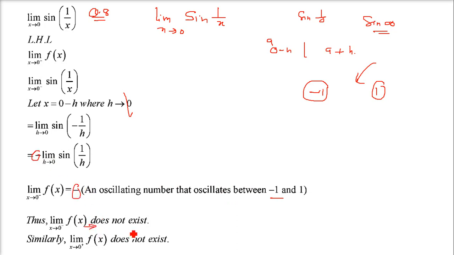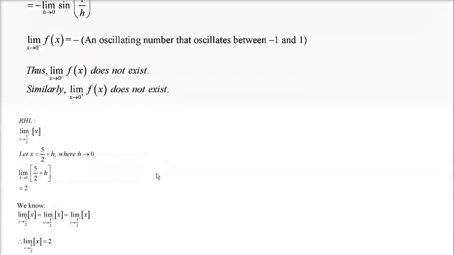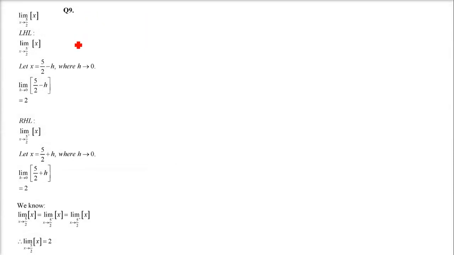When the left hand limit and right hand limit are not equal, the limit does not exist. Putting 0 plus h, 1 by 0 plus h is sine 1 by h, which is the positive side of what we have seen in negative.